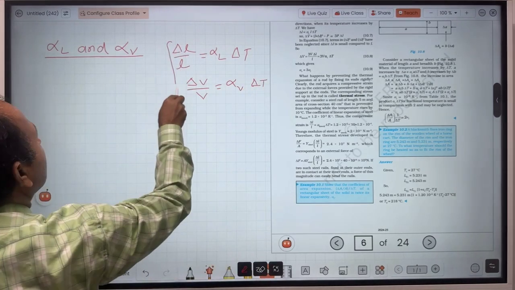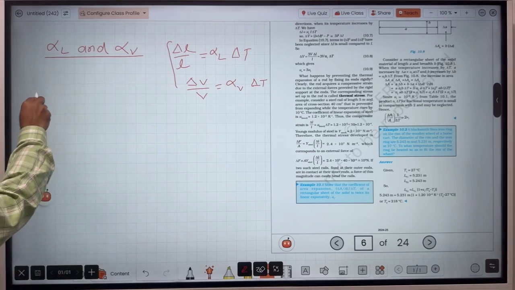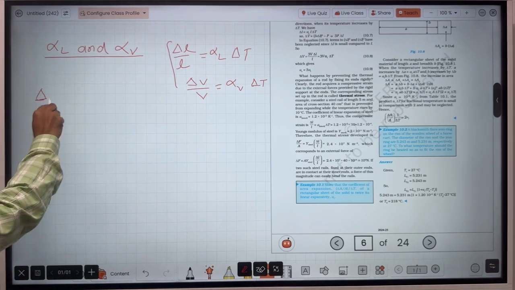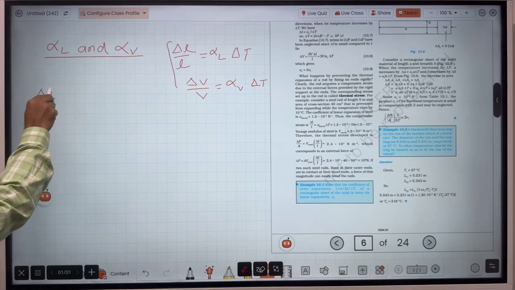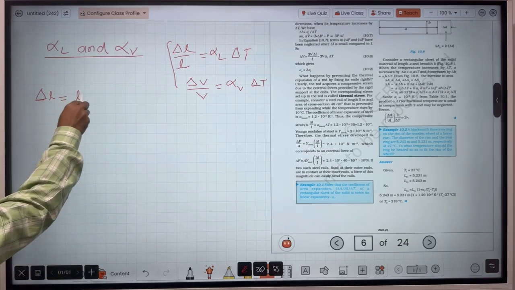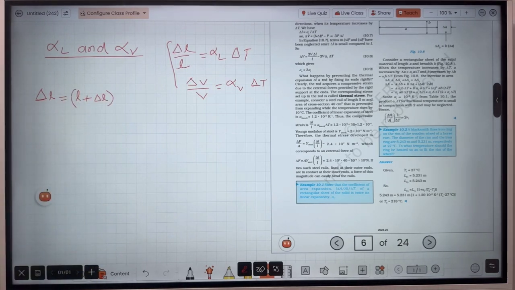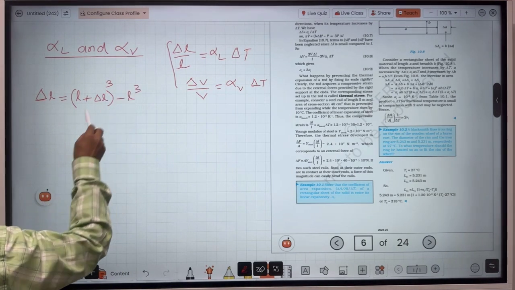So these two things we will keep in mind while deriving. And change in volume: if the size is L, on heating it becomes L plus delta L. So L plus delta L, this is the new side. So cubing it, we have considered a cube, minus the original volume L cube.